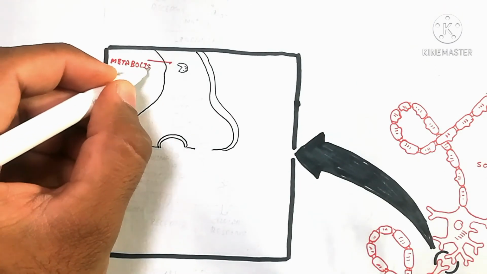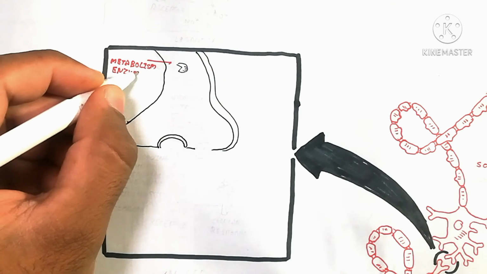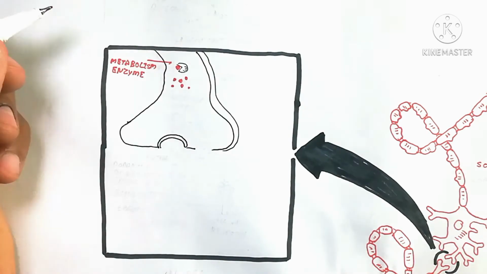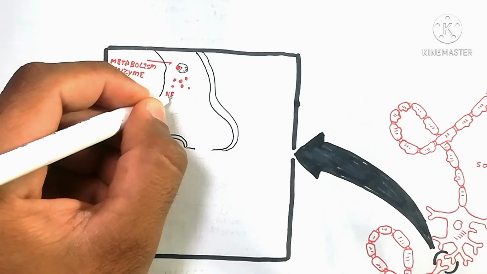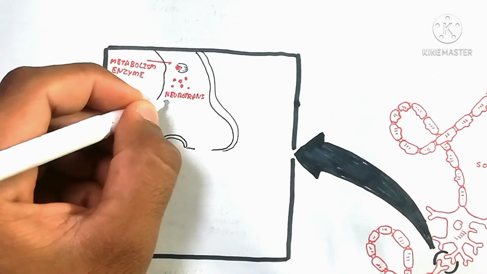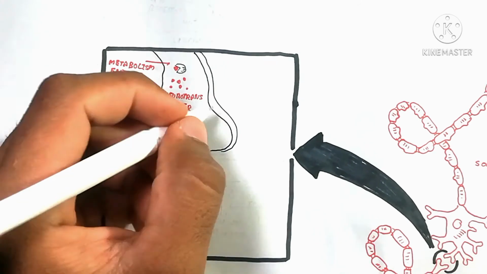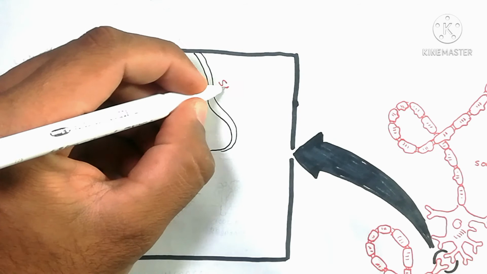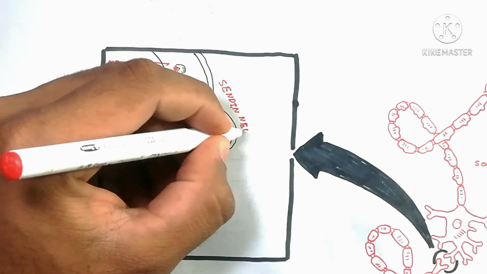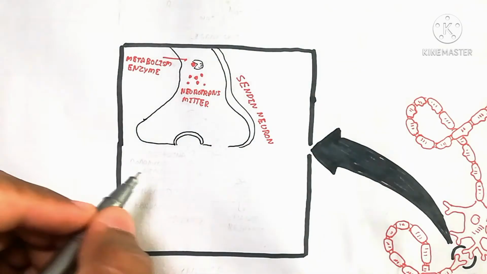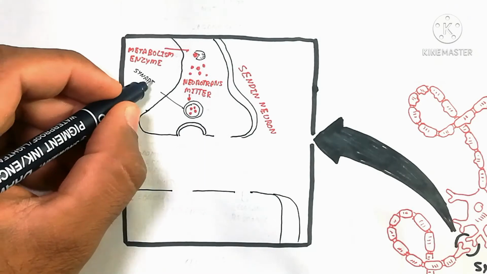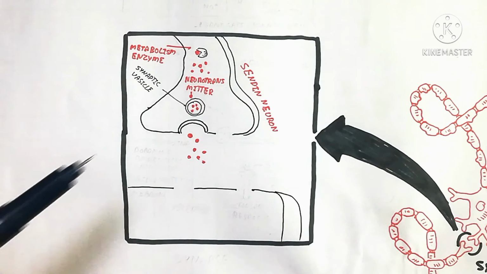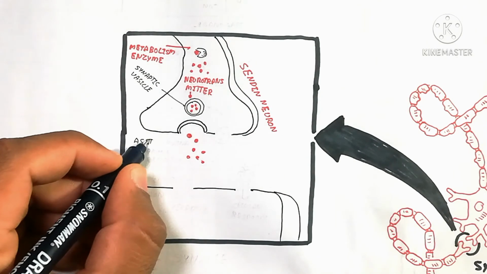So here I draw a synapse, showing the metabolic enzyme that metabolizes to produce neurotransmitter. Neurotransmitters can be different: acetylcholine, dopamine, adrenaline, epinephrine, or some other neurotransmitter, like the cannabinoid chemical which is present in marijuana, and on the other hand nicotine, which is also a neurotransmitter, and there are many more.